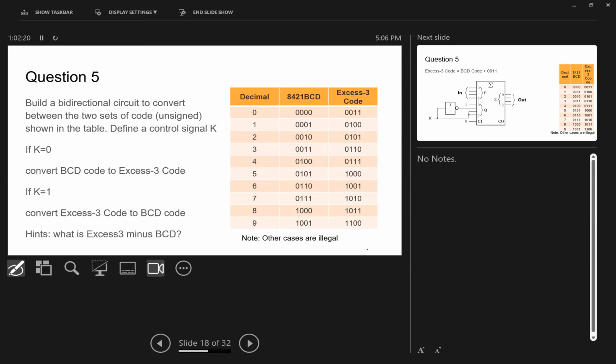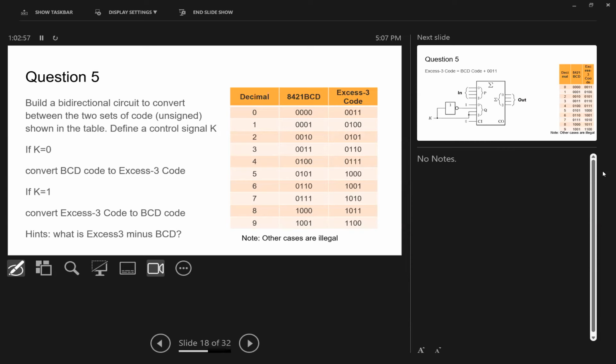Could anyone tell me? Okay. Like the XS3 code is the BCD code plus 3. Yes, it's just intuitive, right?